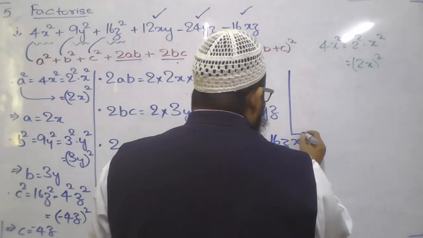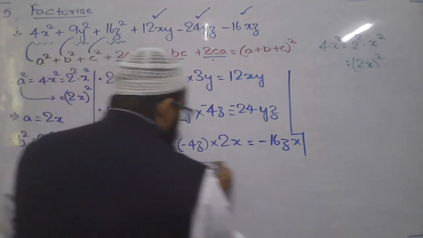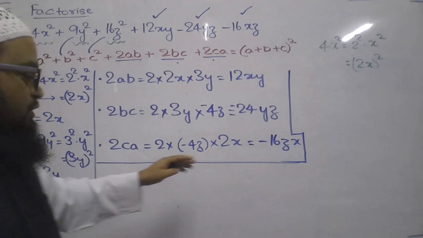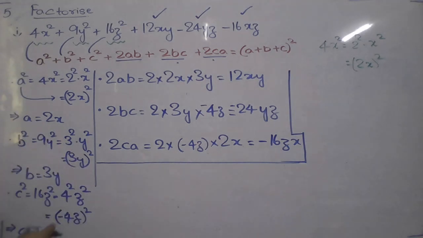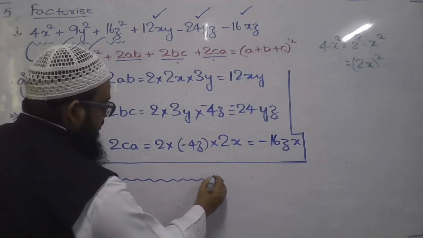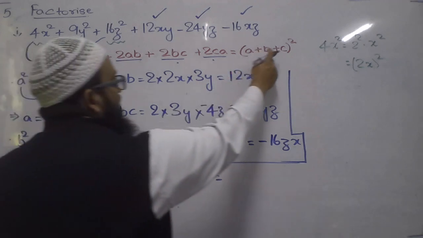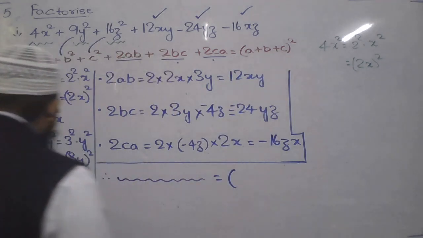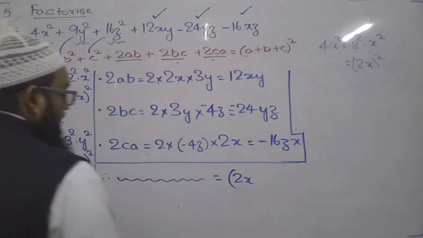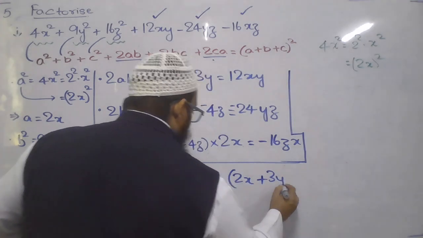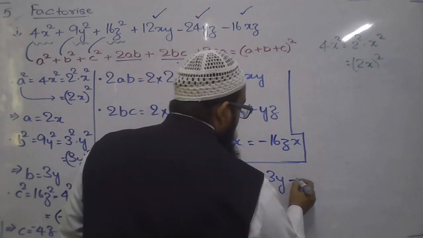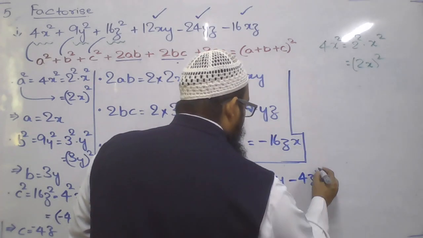so therefore, we can write it as, actually I told you I don't have vertical space, so I am writing horizontally. So after this step, you have to write the given one. This one can be written as a plus b plus c whole square. What is a? 2x, and b is 3y, that means plus 3y, and c is minus 4z, that means plus of minus 4z whole square.